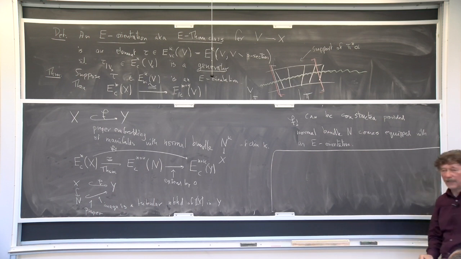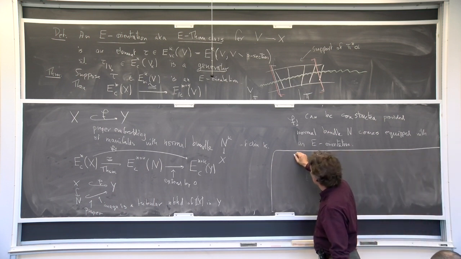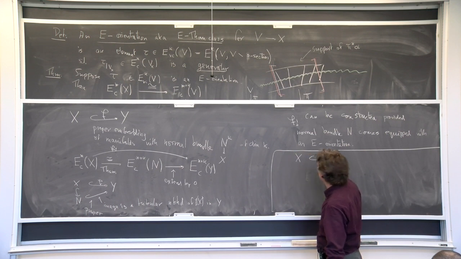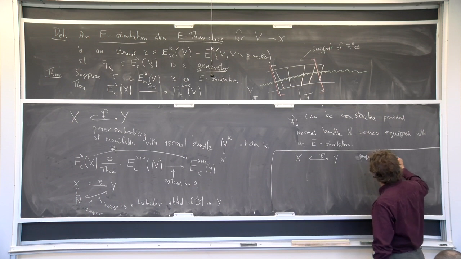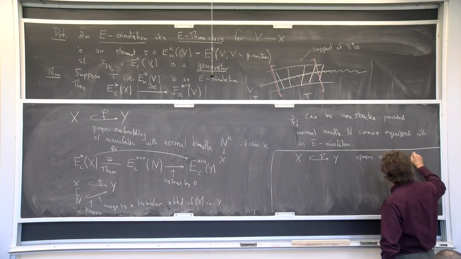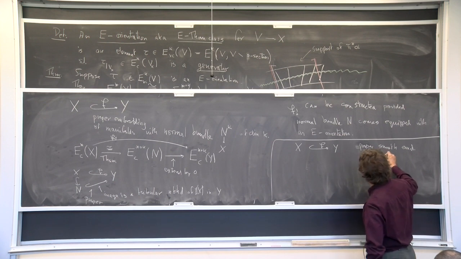So now I want to apply that. And in the application, my manifolds will be the following. So now I have smooth manifolds, a proper smooth embedding, an embedding of, say, codimension K again.